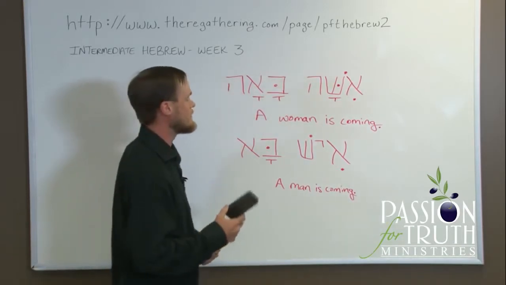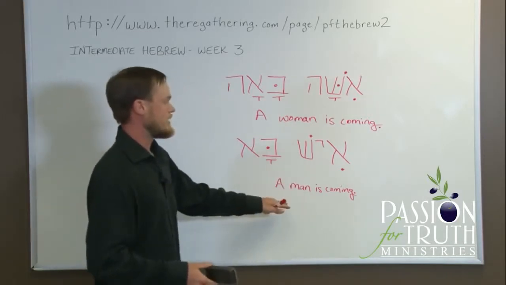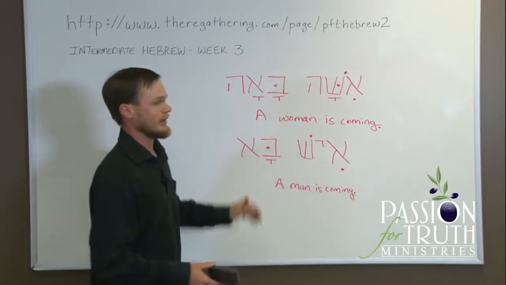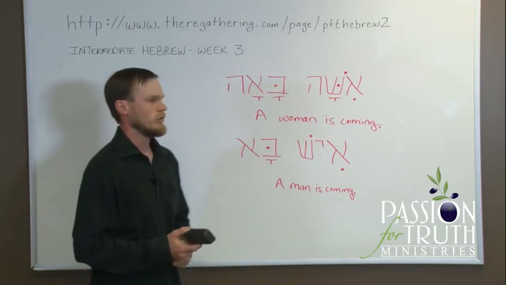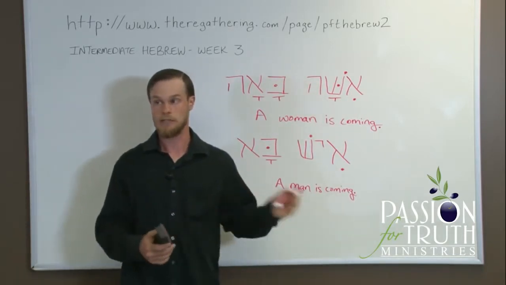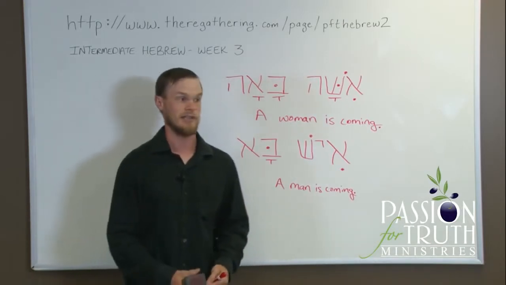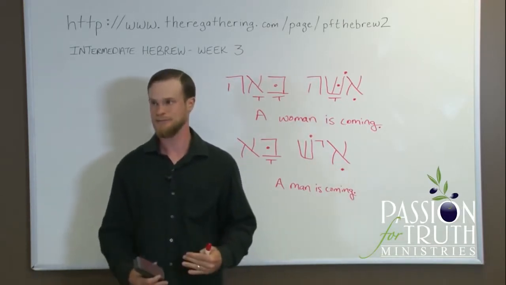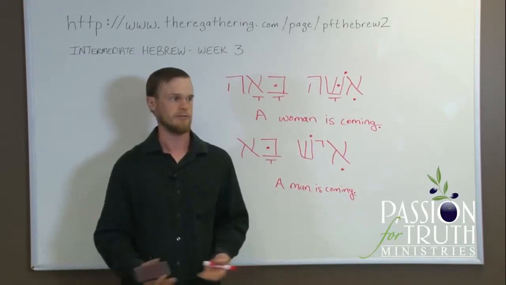Okay, so the emphasis in a sentence. So to say a man is coming, we could say ish ba, or we could say ba ish. The normal form of that sentence would be ba ish, okay, verb followed by subject. If we say ish ba, it's like saying a man is coming. Okay, a man as opposed to what? A woman, a dog, a camel.